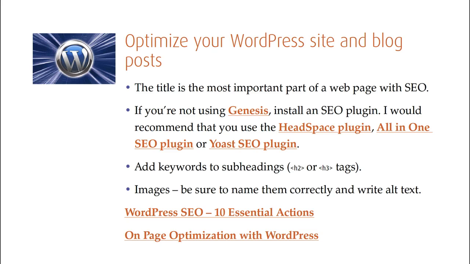Also, there are H1 tags, H2 tags and H3 tags, and the words you put within these heading tags are more important than words that are in the text, so always put your keywords into the headings and the subheadings. Images, make sure they have a decent file name, so if it's an image of a white swan, call it whiteswan.jpg, don't call it image number 1356.jpg, and write an alt text to all your images.